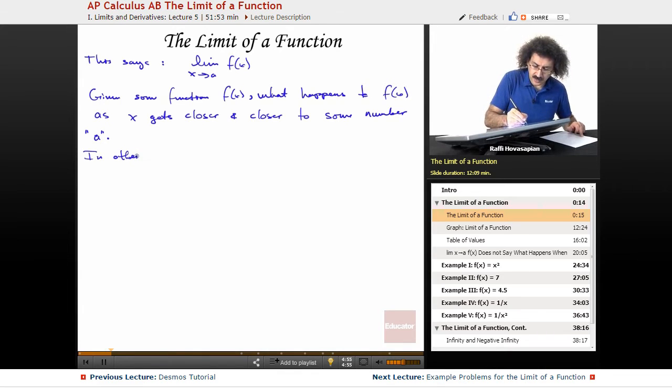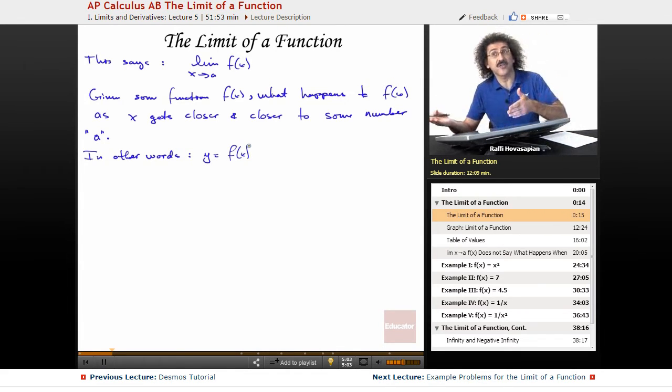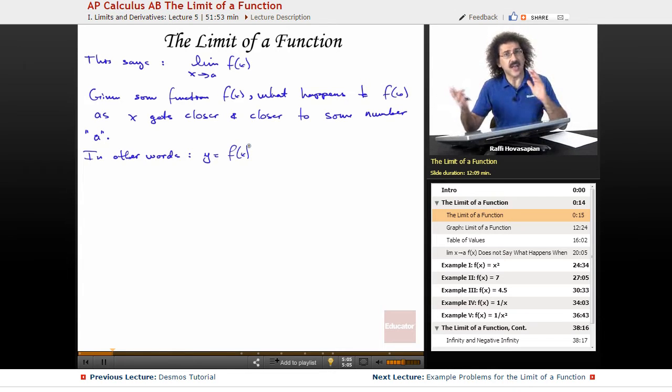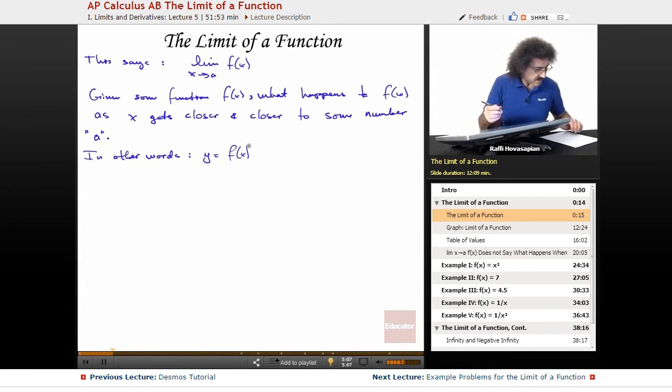In other words, y equals f of x. We know that when we have f of x equals x squared, y equals x squared, f of x and y are essentially synonymous.